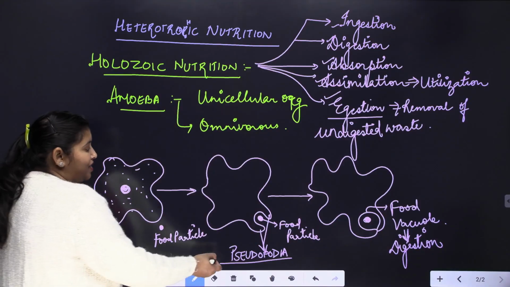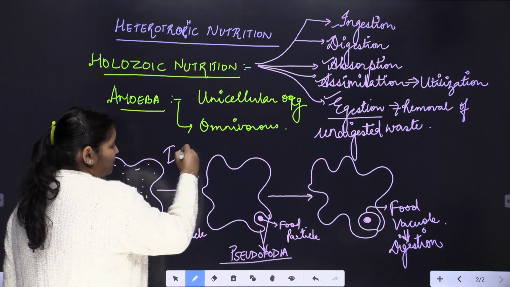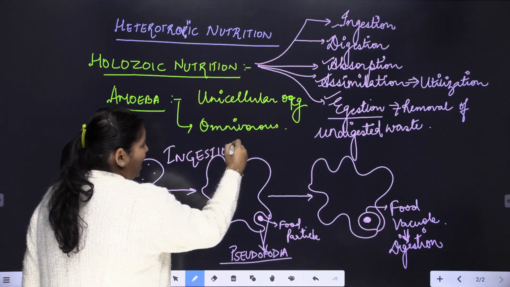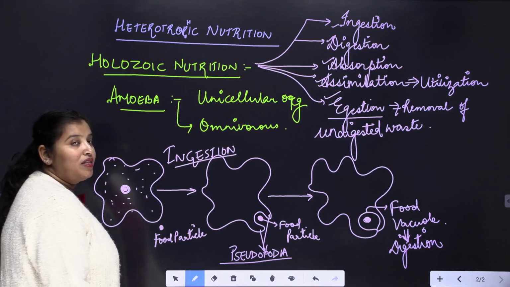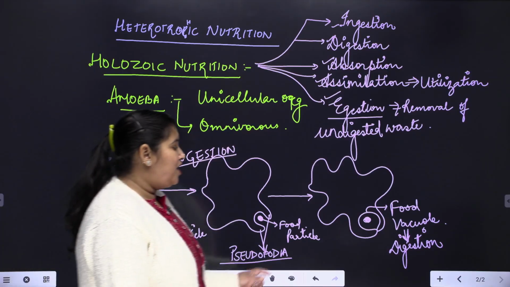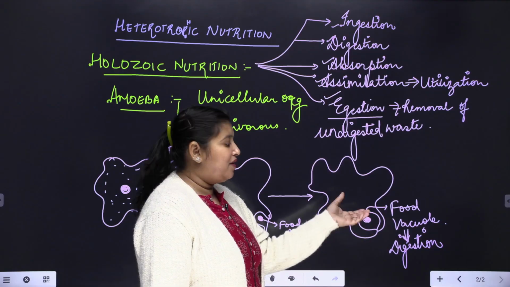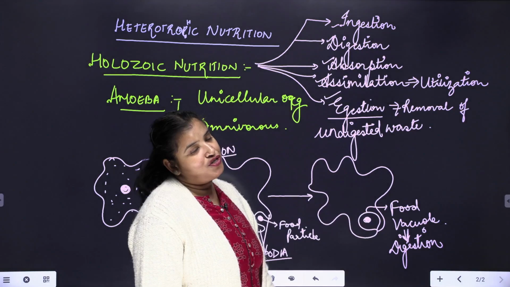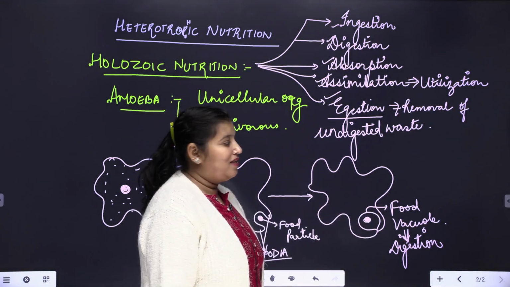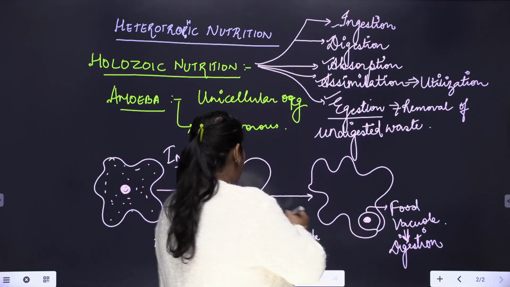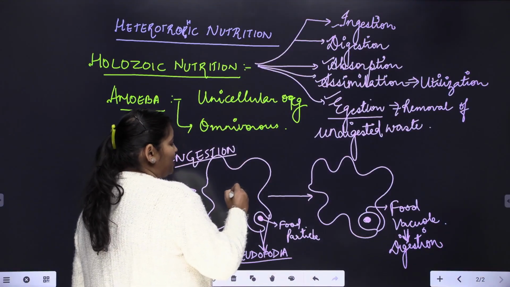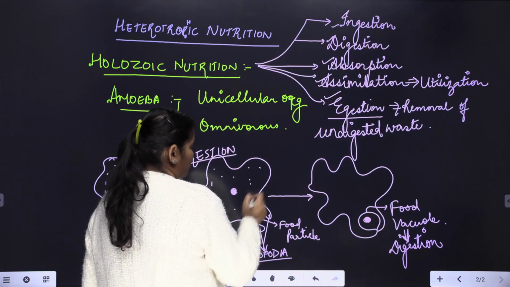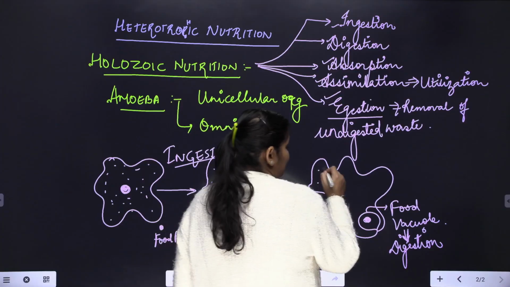So the first step is ingestion, where the amoeba engulfs the food particles with the help of pseudopodia. Then it forms a food vacuole. The food is now present in the food vacuole, and the process of digestion will take place inside the food vacuole. The other organelles remain intact, that is the nucleus is there, and the cytoplasm and the other structures. So they remain as it is.